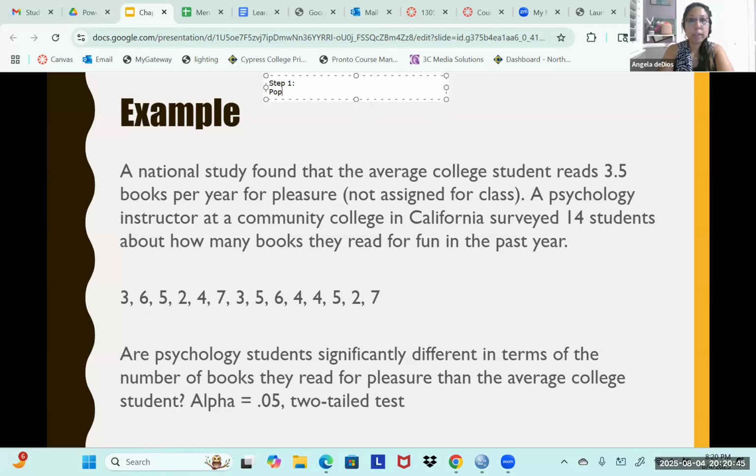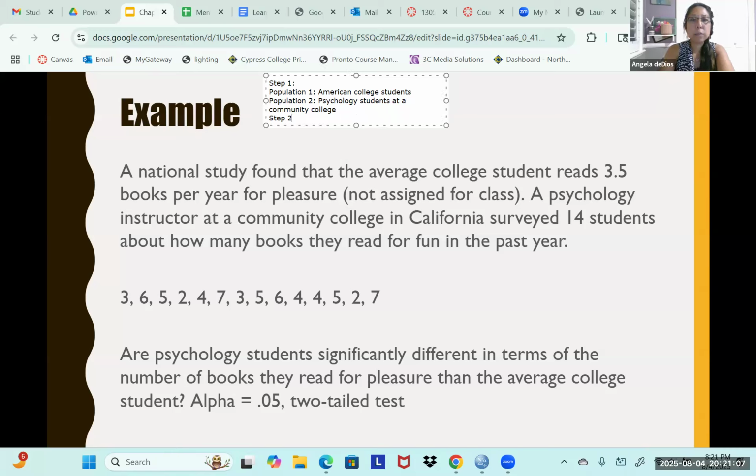So population 1 is American college students. Population 2 is psychology students at a community college. And we want to see, are they significantly different from each other?